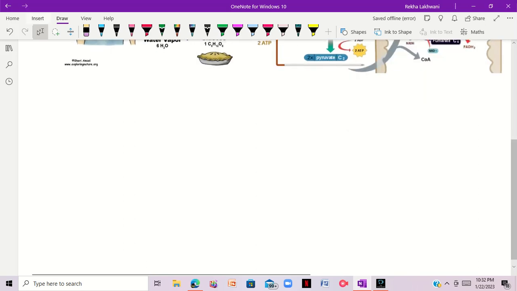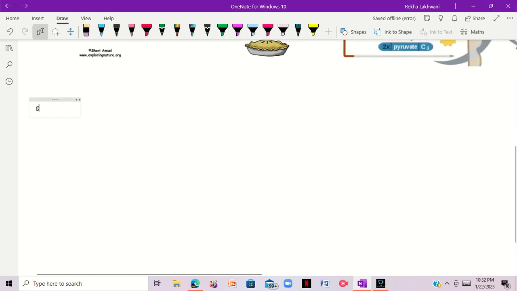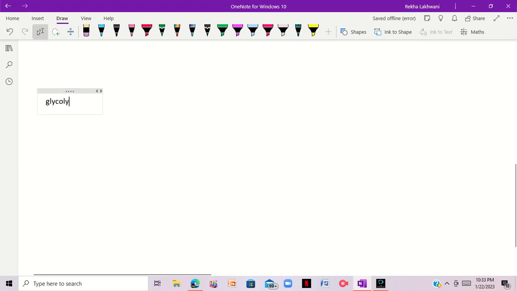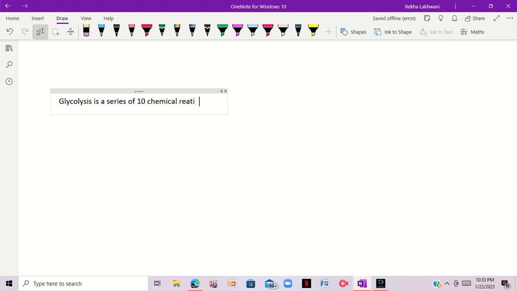So basically glycolysis is a series of 10 chemical reactions.